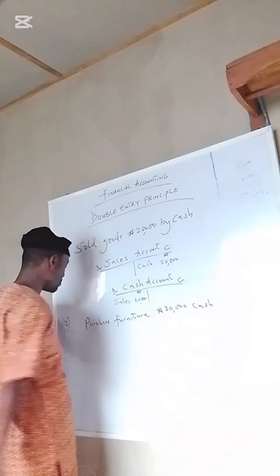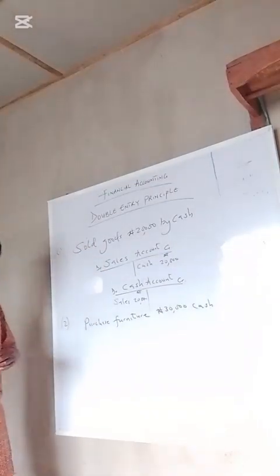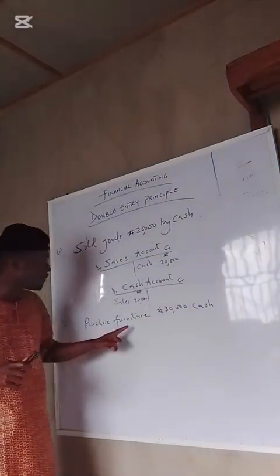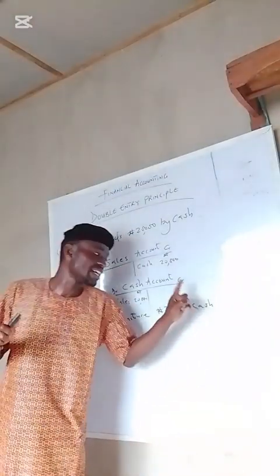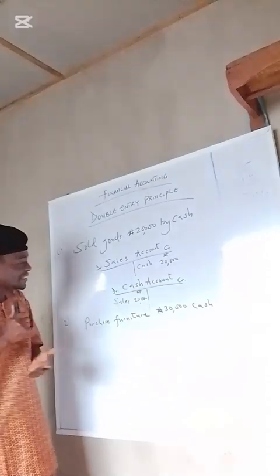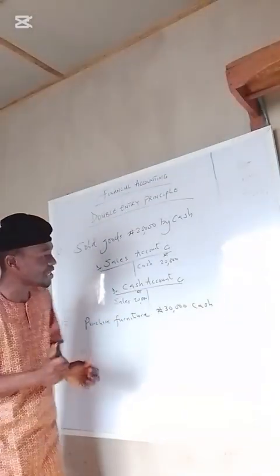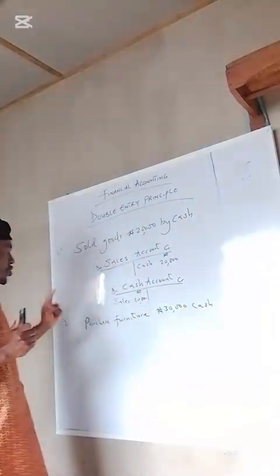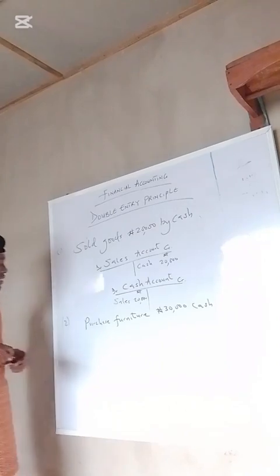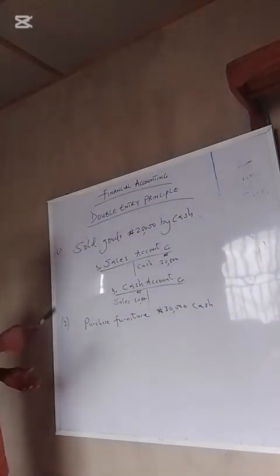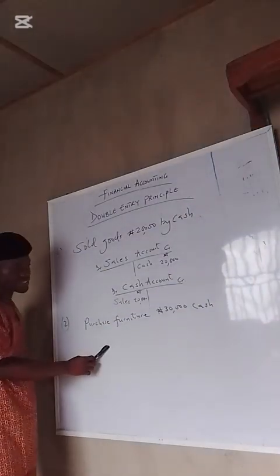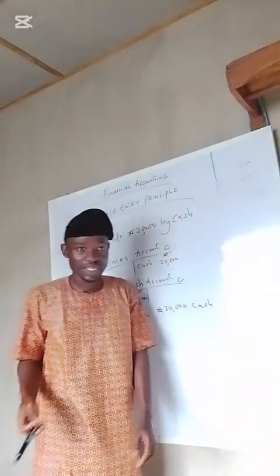That's another transaction. In this instance, we have to identify two accounts as we have done in the previous one. Some students will say that the accounts involved here will be purchase account and cash account. That is wrong.